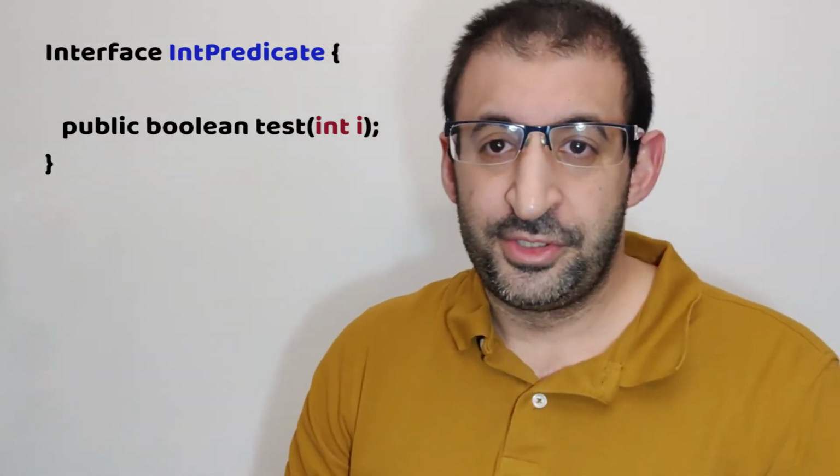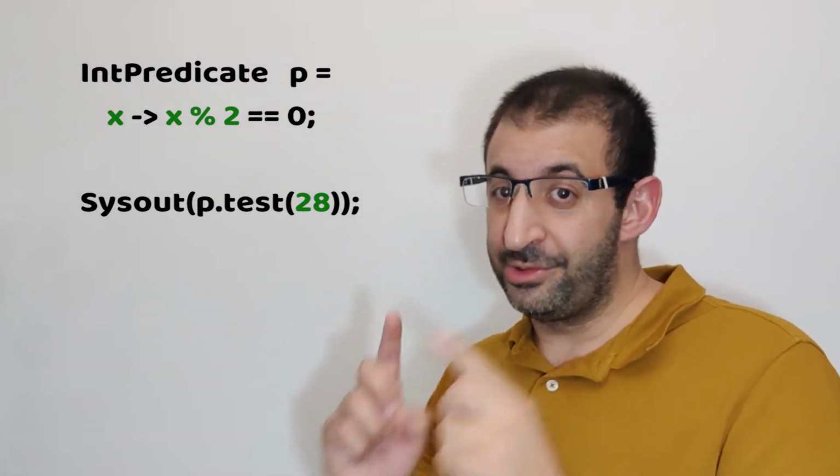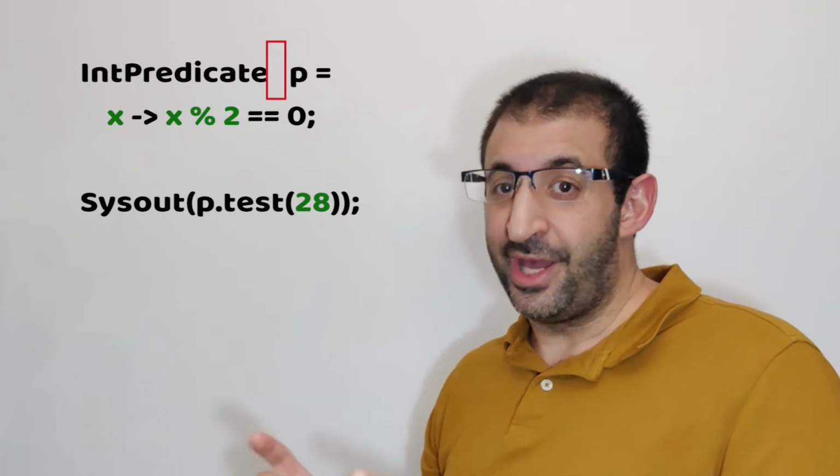If you want to make an example, it's very easy. Let's do it. I will just rewrite the previous example with the primitive type int. So here I will write IntPredicate, but without input type parameter.